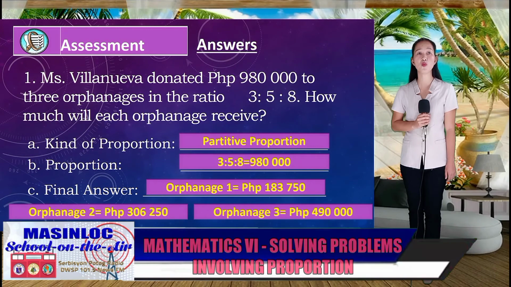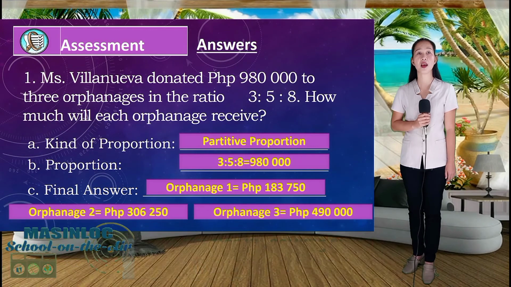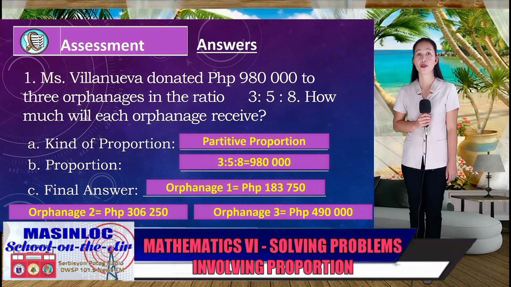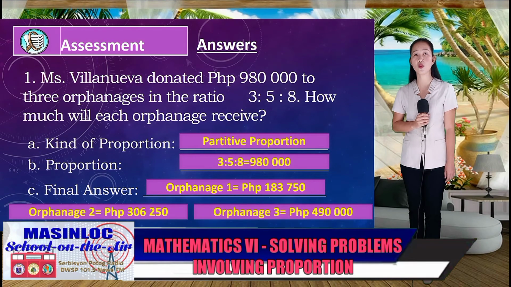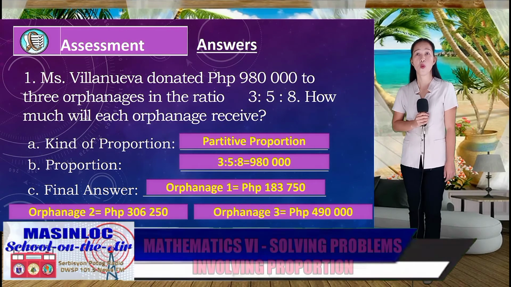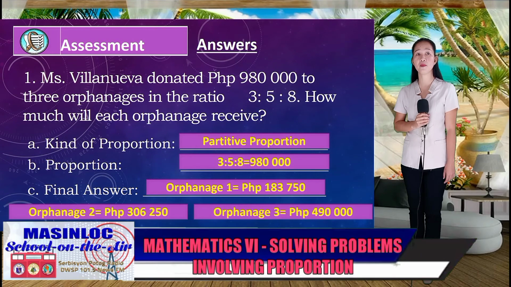For problem number 1, it is a partitive proportion. The proportion is 3:5:8 equals 980,000. Orphanage 1 will receive 183,750 pesos.